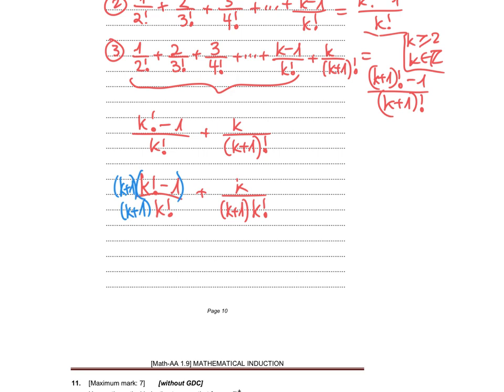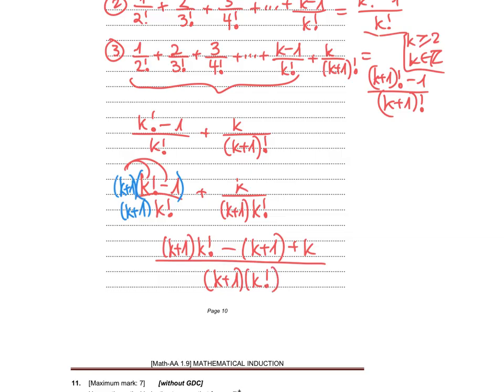So then we're going to have k plus 1 times k factorial minus 1, the whole thing, plus k over k plus 1 times k factorial.